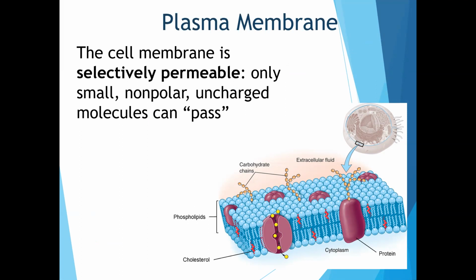The way it does this selectively is by having these two layers. These little blue guys here are known as phospholipids, and you'll see they have heads. The heads point towards the outside environment and the inside of the cell, and they also have tails. And so the tails point in towards each other.